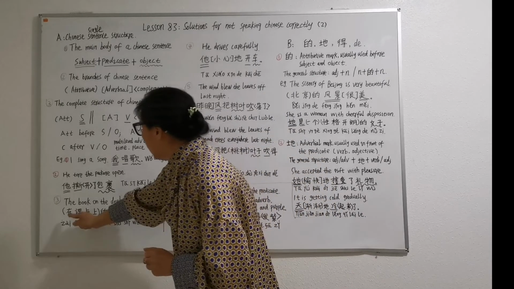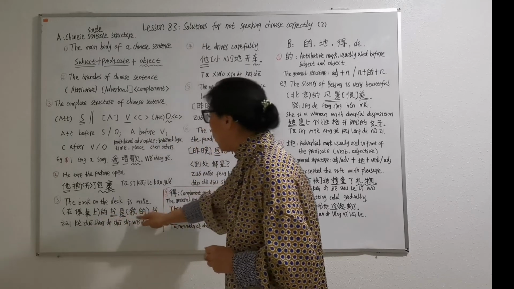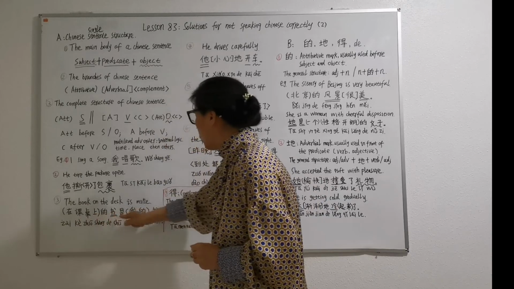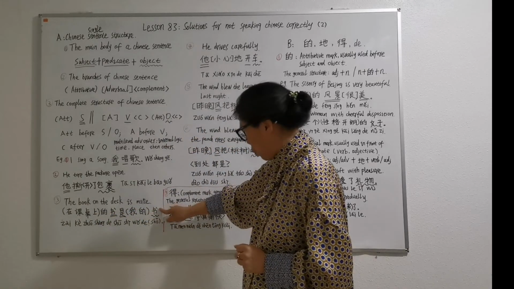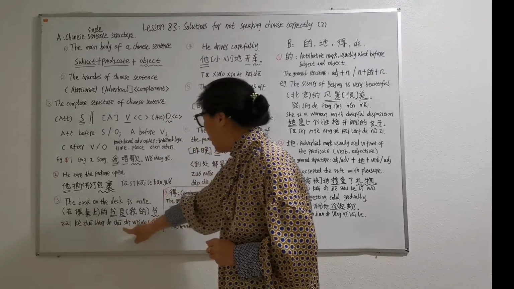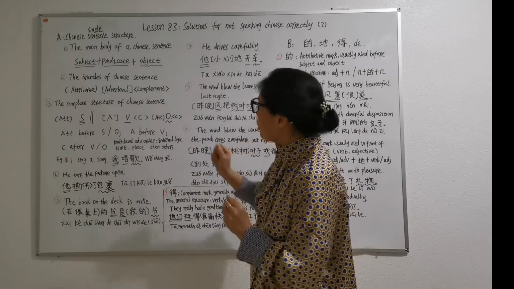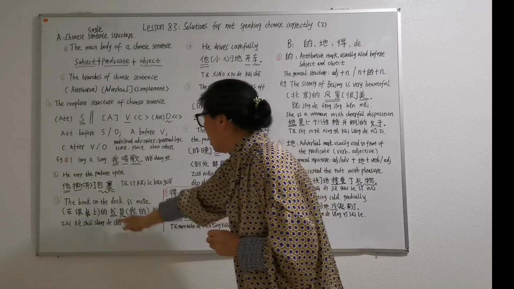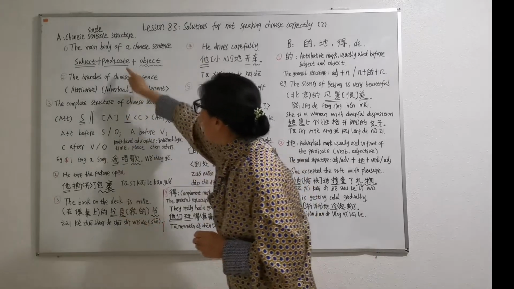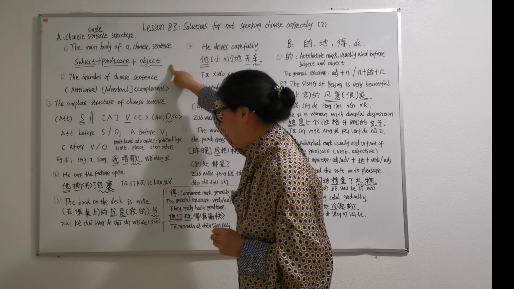So we say 在课桌上的书是我的. Now we check the main body. 书 subject, 是 predicate, another 书 object.